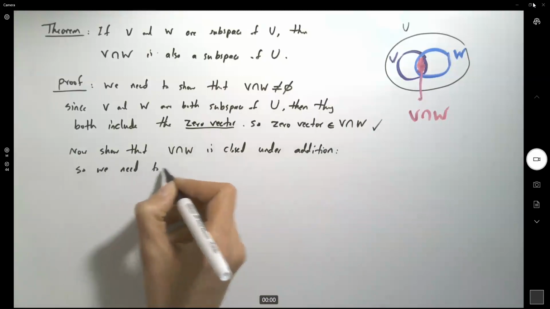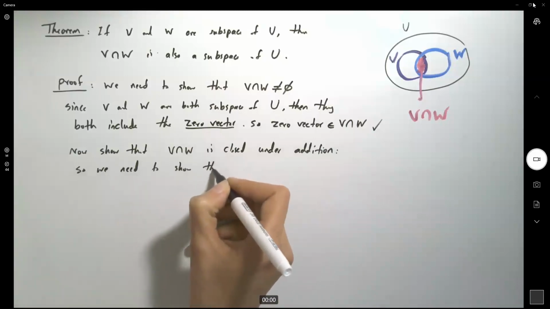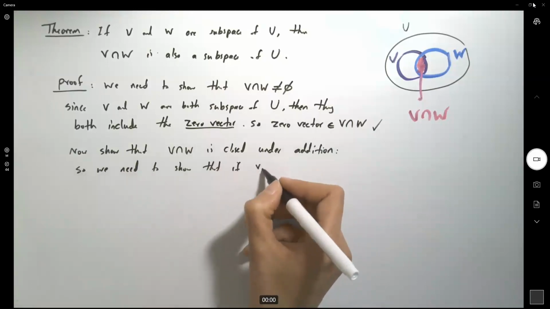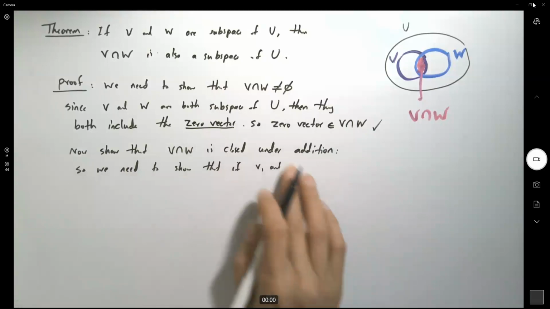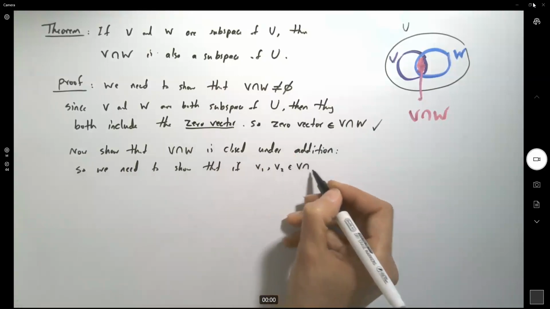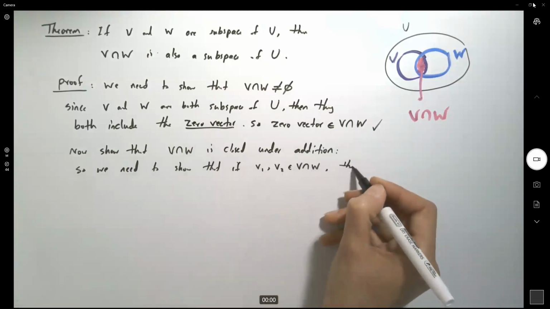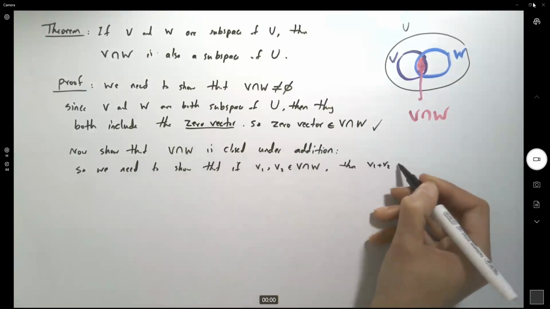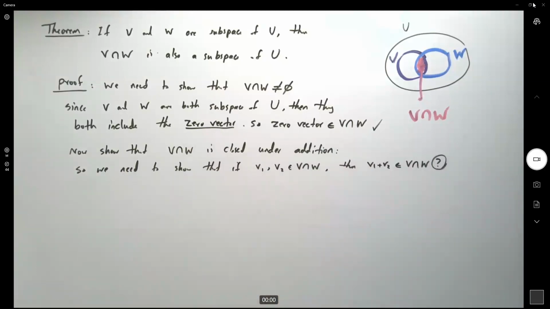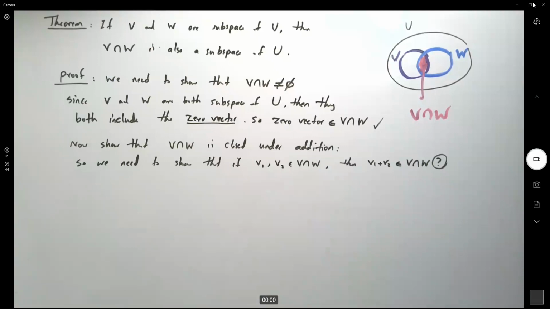So we need to show that if, for example, V1 and V2 are both in the intersection, then their addition, V1 plus V2, is also in the intersection as well. So I'm going to put a question mark here because we're trying to show this. All right.